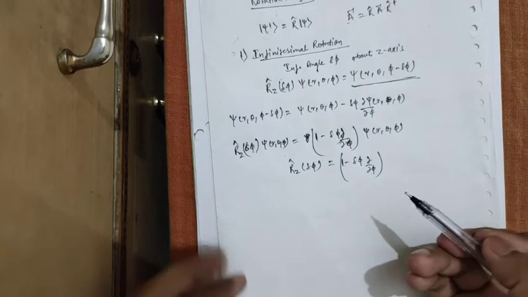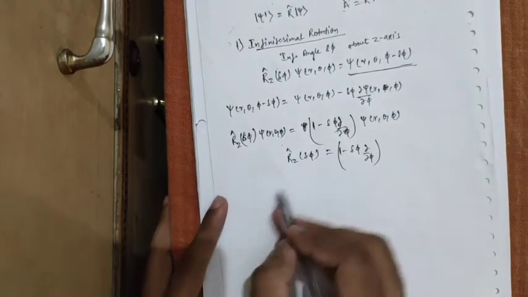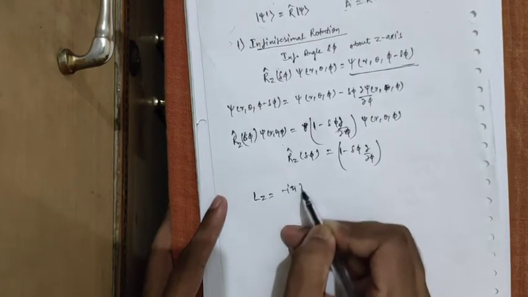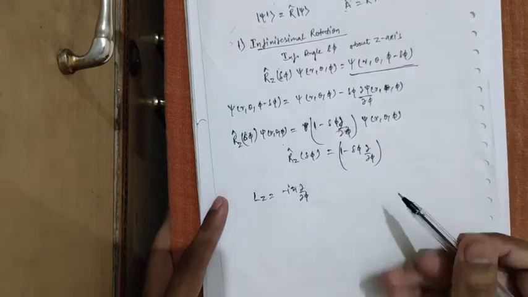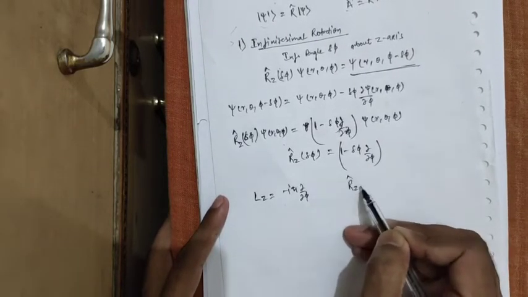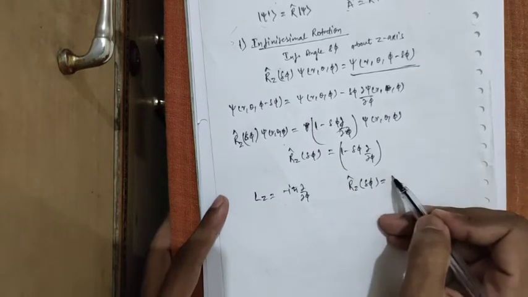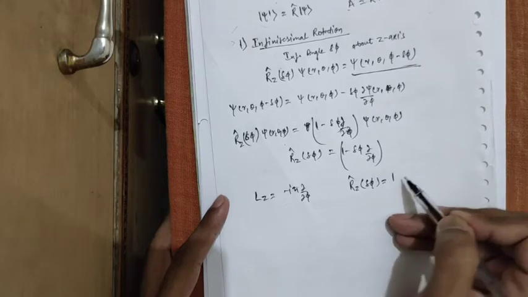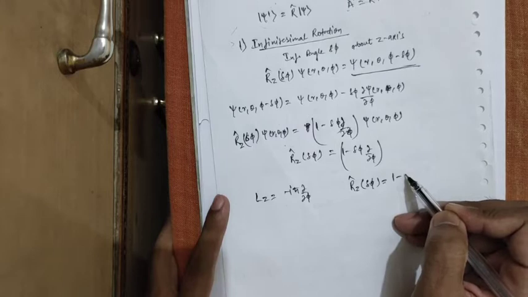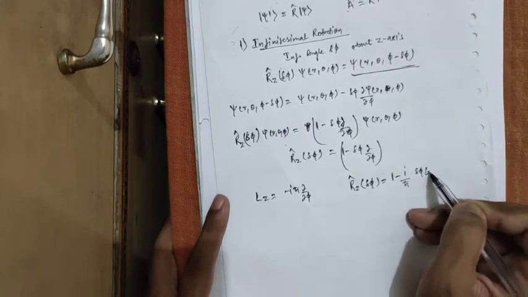From our previous knowledge, we know that the z component of orbital angular momentum Lz is equal to minus i h cut curl over curl phi, and substituting this here we get Rz with infinitesimal rotation del phi is 1 minus i by h cut del phi Lz.